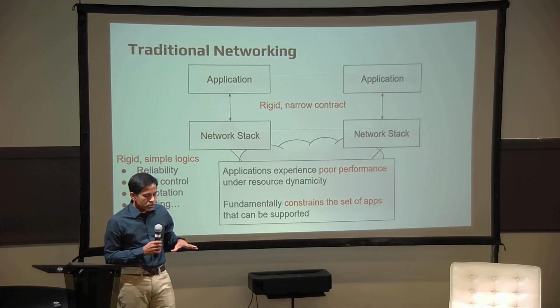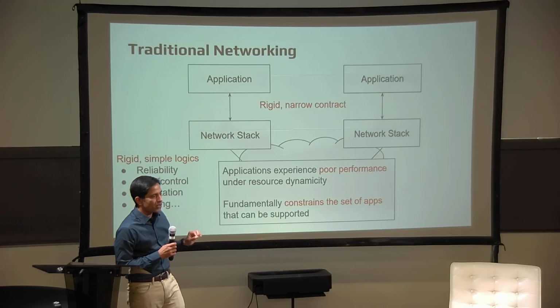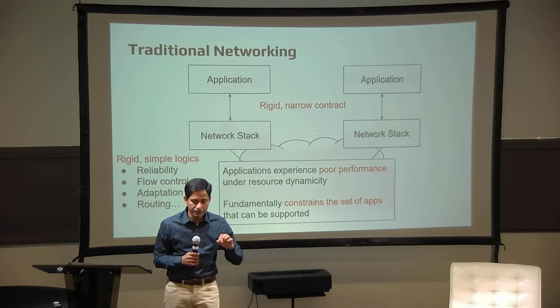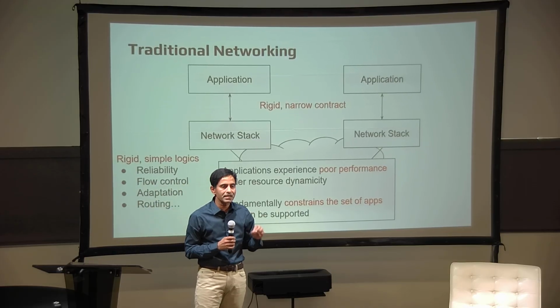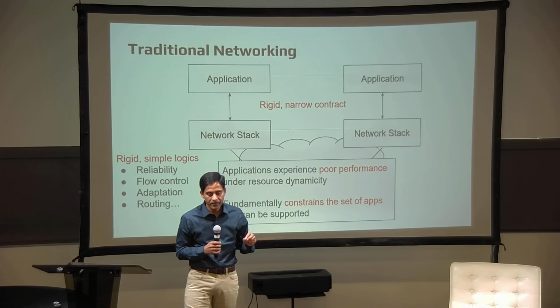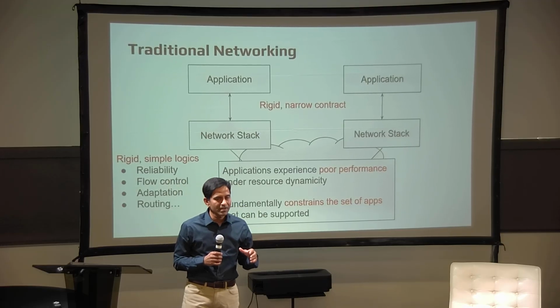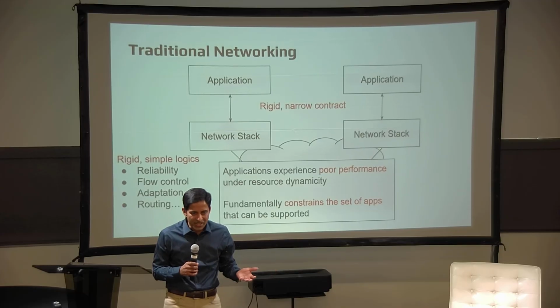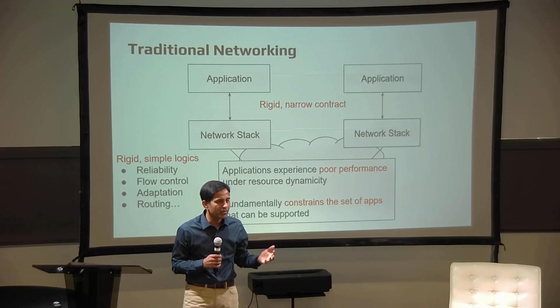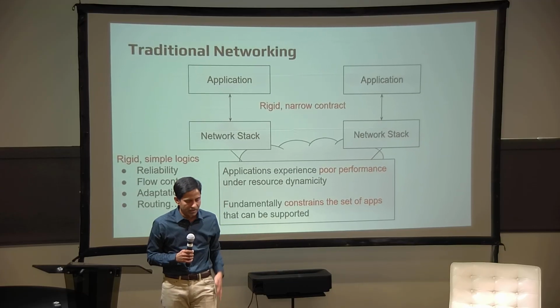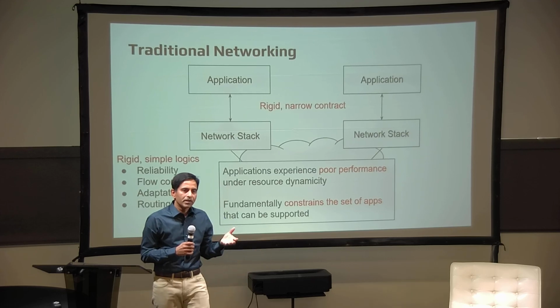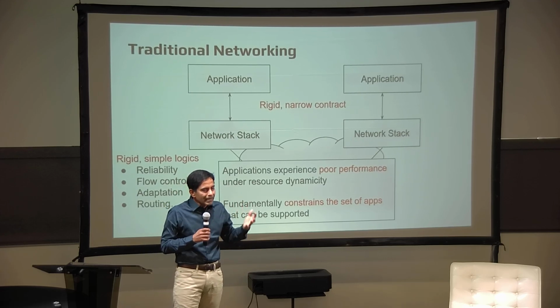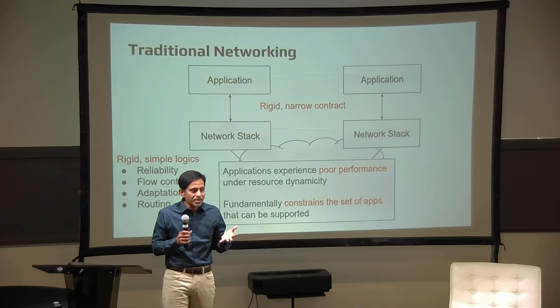My argument also is that the rigid, narrow contract of the network fundamentally also constrains the kind of applications we can run today. Ultimately, the amount of information applications can exchange is traditionally bound by information theory, right? Shannon. However, if you think about it again, it really depends on what information you really want to exchange.